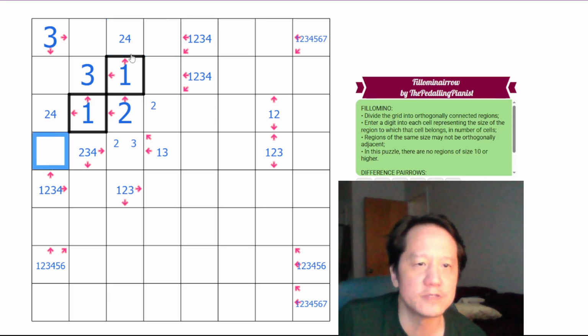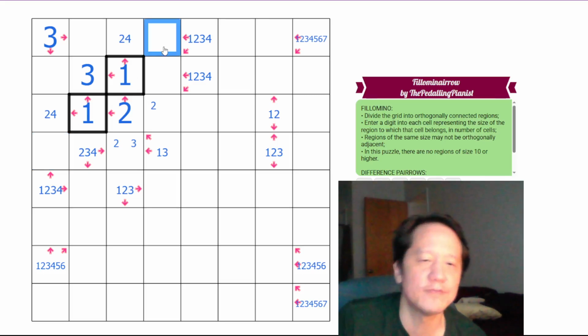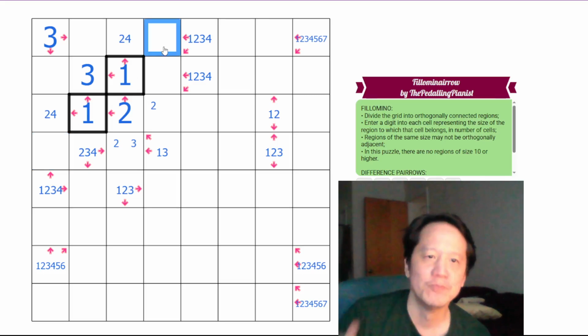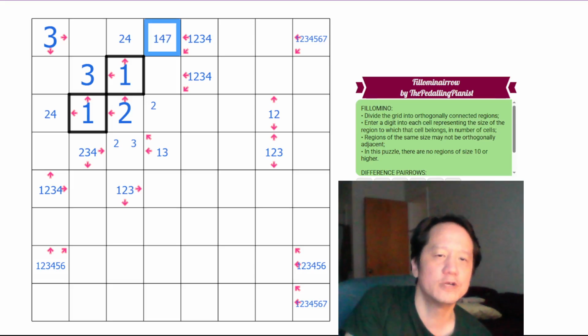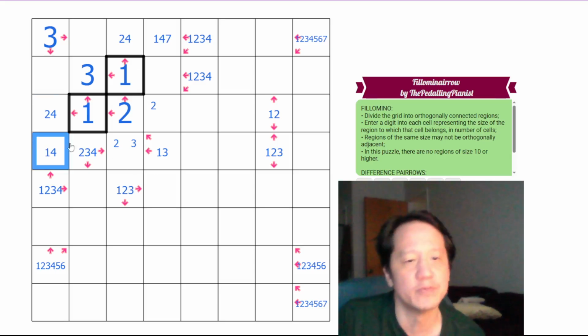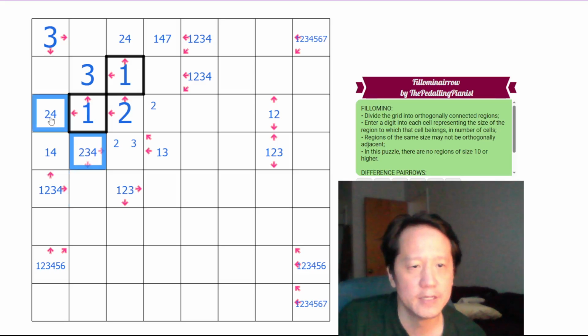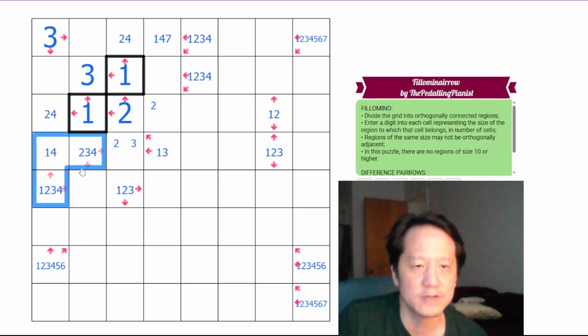One of these is going to have to be a 4. You could have a 7 with it. So it's going to be 1, 4, 3 away. One of these is going to have to be 4 because it's going to have to extend out. So either this is 4 and 1 or it's 4 and 7. Well, this can never be 7 because it's surrounded by 3 cells, none of which are 7.